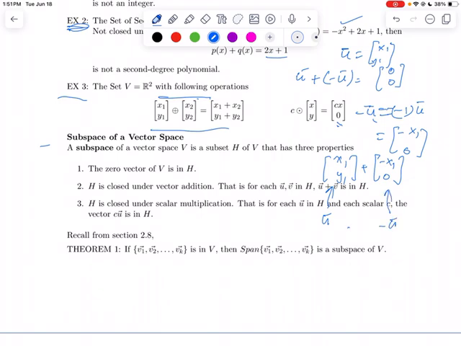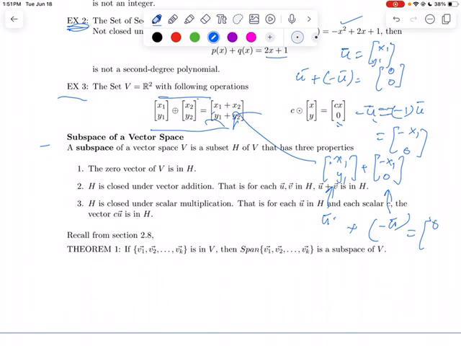So when you add u and negative u, you are going to get 0 for the first component, x1 minus x1, because the addition is usual, so we follow this addition formula. The first component gets added to the first component, so you get a 0.